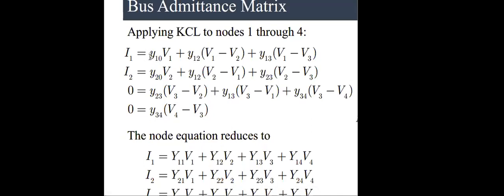Small y is the regular admittance value, but capital Y is the summation, the coefficient of voltage. So have you got the difference between small y and capital Y? Y11 is the resultant coefficient of V1. In this expression, you have how many V1? 1, 2, 3. So when you add all three small y, you get the capital Y, which is the self admittance or driving point admittance.